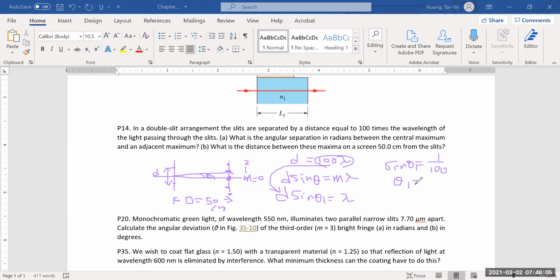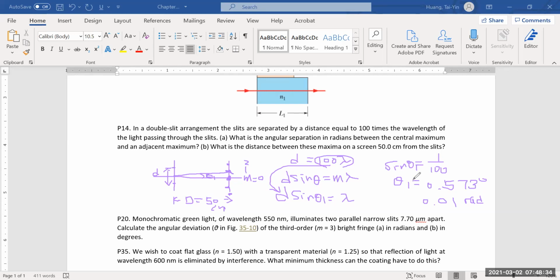So theta 1 you will get 0.573 degrees, and that's equivalent to 0.01 radians. So this is basically how you do part A, just by applying d sine theta equals m lambda with m equal to 1.